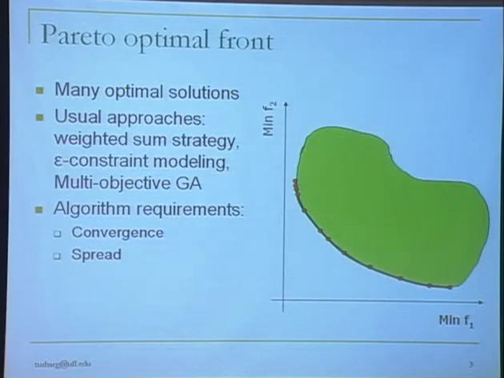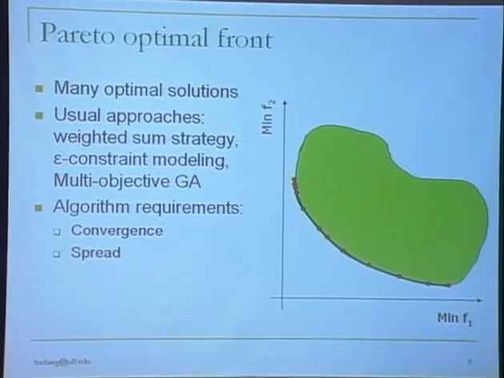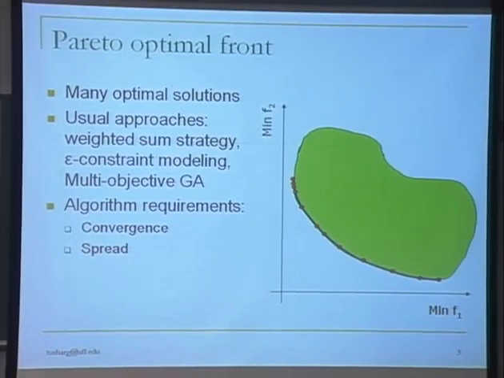As I have said, a multi-objective optimization problem cannot have a single solution because we cannot say one solution is better than another unless we have a particular bias towards that solution. So, in this case, we get many optimal solutions.